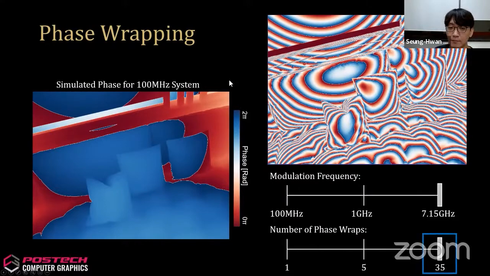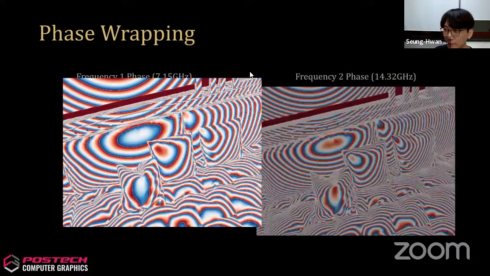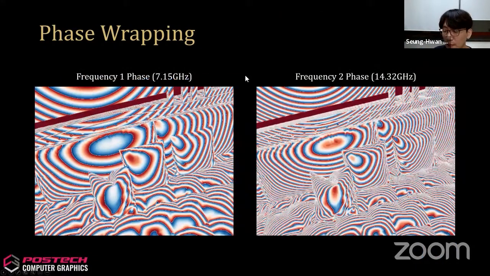Even more difficult, our imaging system utilized two different measurements: one at 7.15 gigahertz, and the other at 14.32 gigahertz. This additional information of the second frequency definitely helps to decode the problem of phase wrapping.